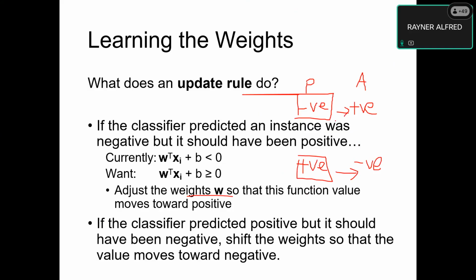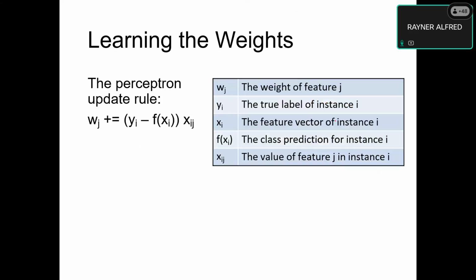So how can we do this? How can we adjust the weight so that your misclassified sample can be correctly classified after adjusting the weight? Okay. So look at this formula. This is the weight of the feature j.